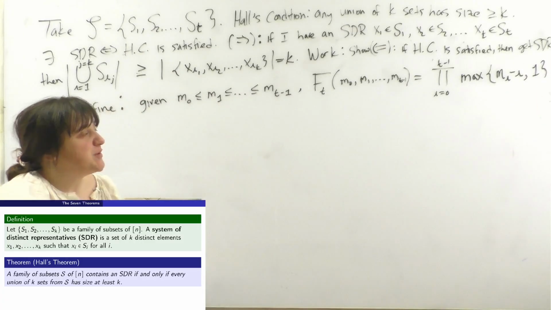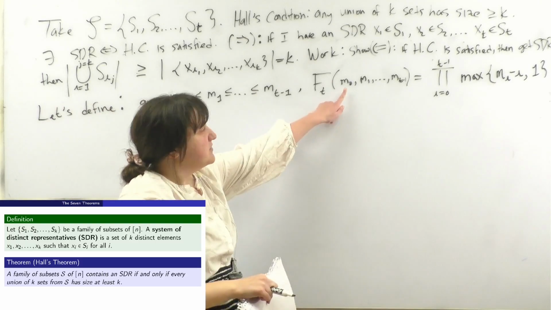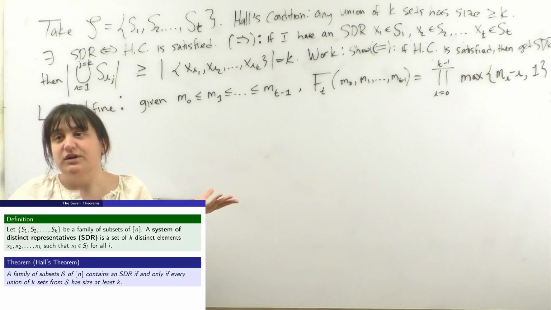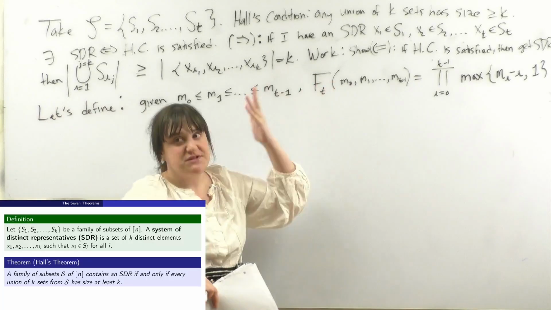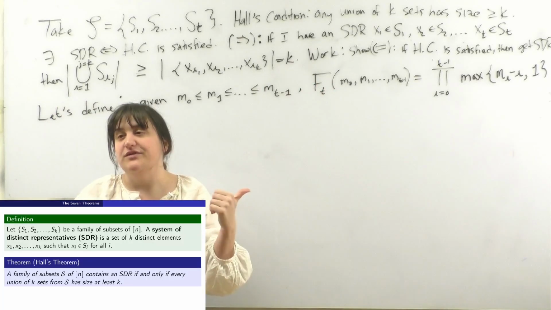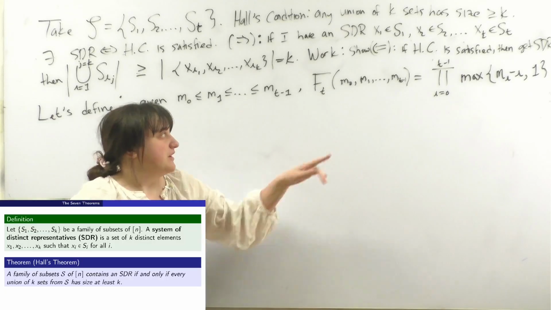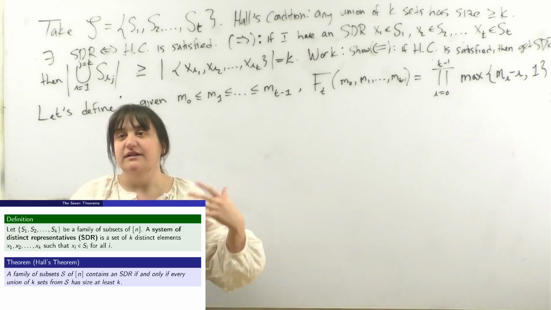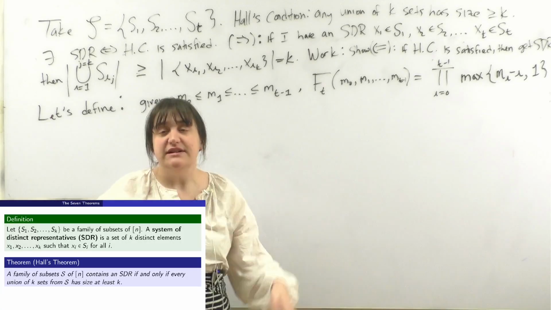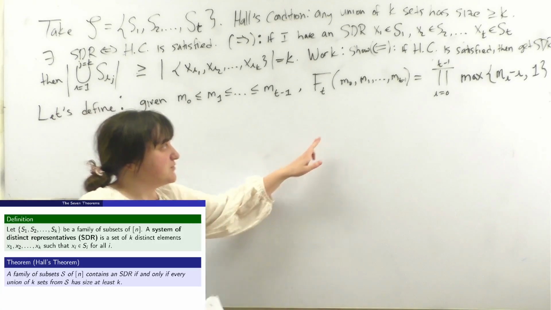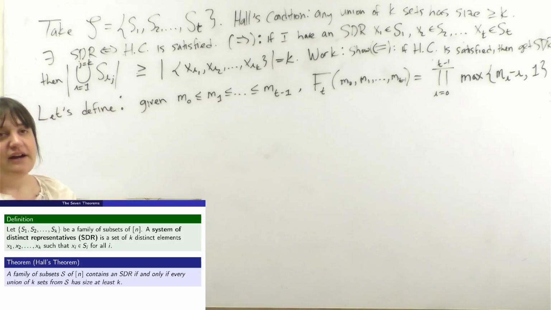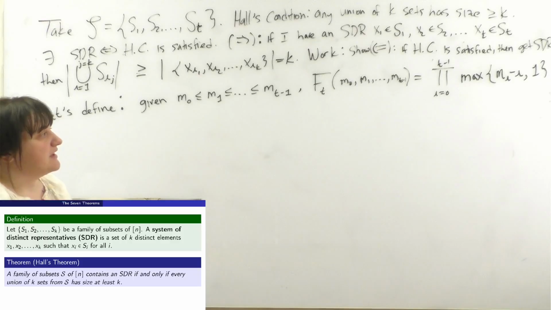So the first term in my product is m sub 0, if m sub 0 is at least 1. If m sub 0 is smaller than 1, then I just write a 1 there. My second term, I look at m sub 1 minus 1. If that's bigger than 1, I write that down. Otherwise, I just write 1, and I keep going along the line. So I subtract a little bit more each time I hop to the next letter in my list.